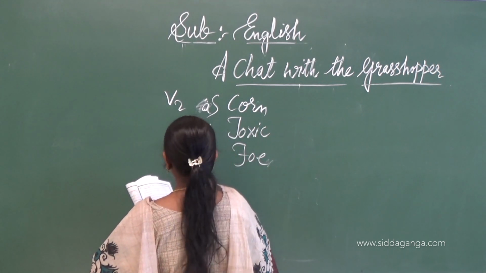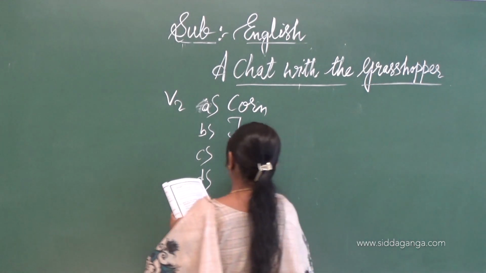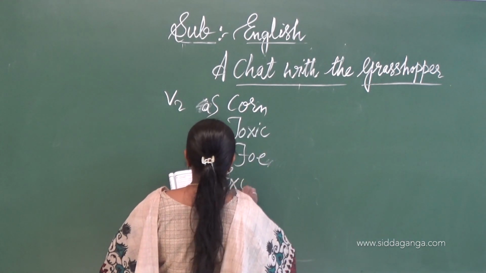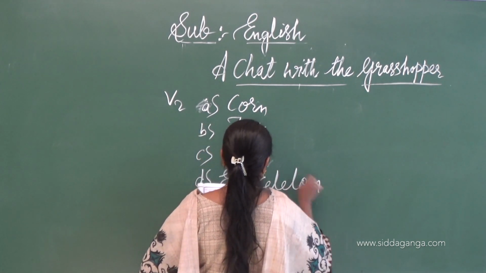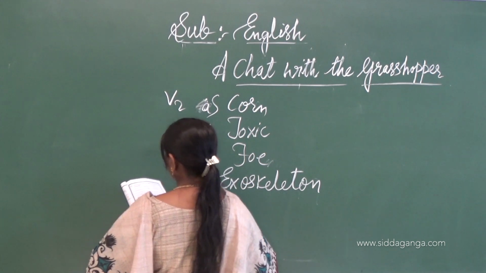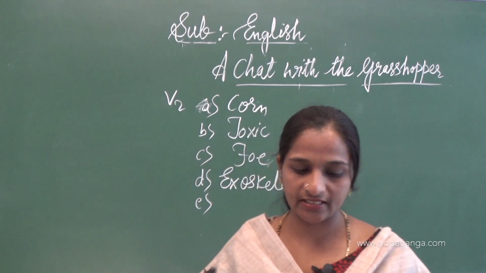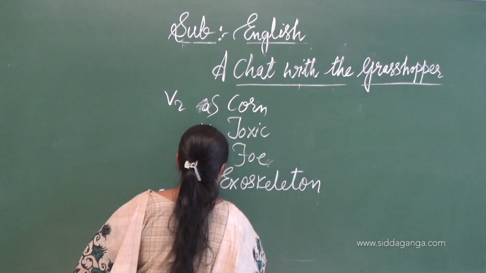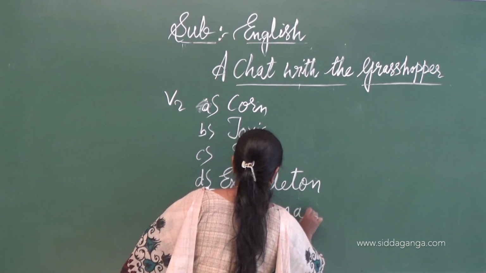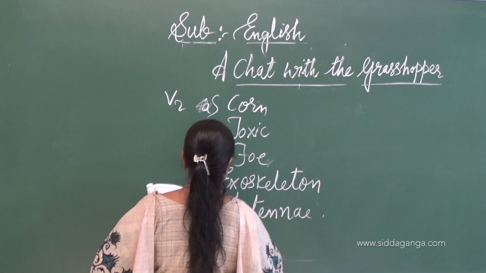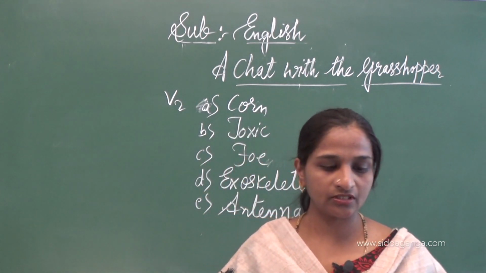D, outside skin of animal body, that is exoskeleton. E, two long, thin parts on the head of some insects, that is antenna. So you have to write it.